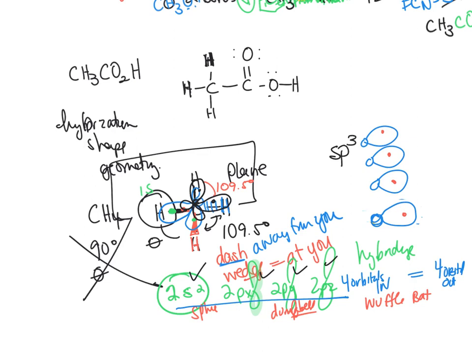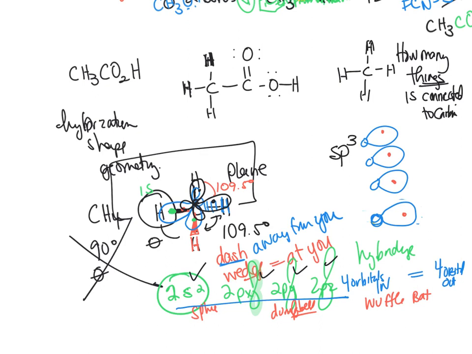So when you look at the Lewis structure of methane, when I'm doing hybridization, I always ask how many things, not bonds, are connected to the carbon.